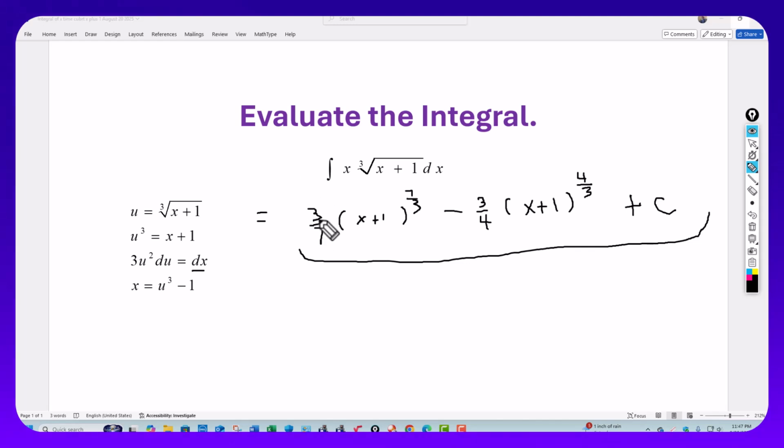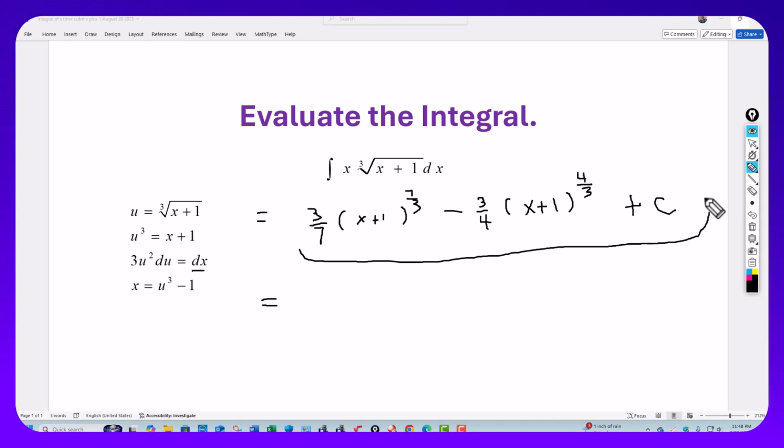So you can leave it as 3 7ths (x plus 1) to the 7/3 minus 3 4ths (x plus 1) to the 4/3 plus c. But let's suppose your instructor told you to simplify it and write the answer in terms of one expression.